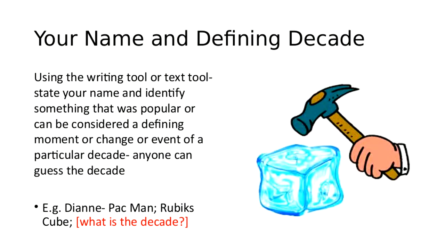So I want you to just type your name in there and something that will define a decade that's popular to you. If you look at the example I gave, my name is Diane, and what's popular to that decade is Pac-Man, Rubik's Cube. So somebody has to now guess when that decade was, and also do the same for themselves.